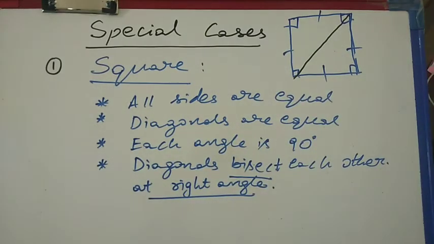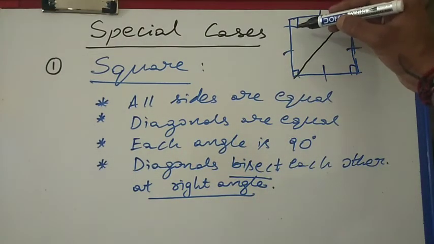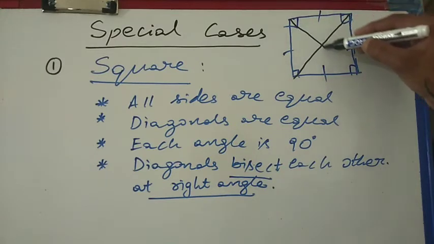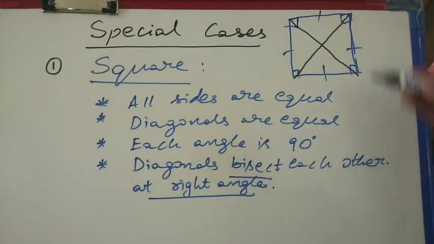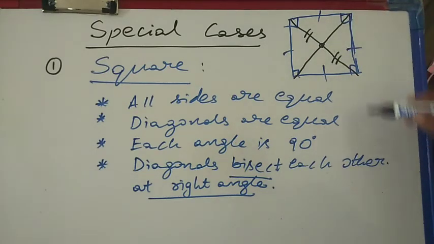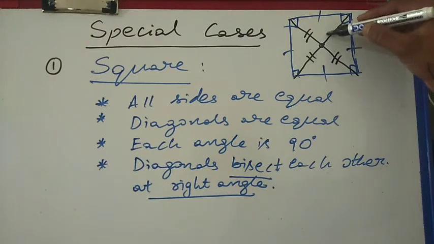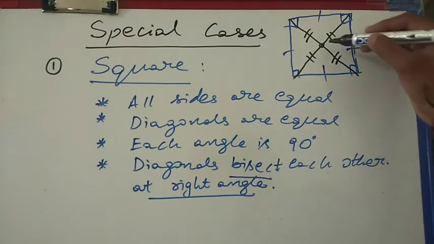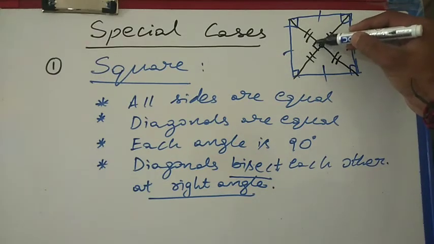If I draw diagonals, they bisect, that means they will make into two equal parts, and you know diagonals are equal also, and they bisect at right angle, that means here there is a right angle.